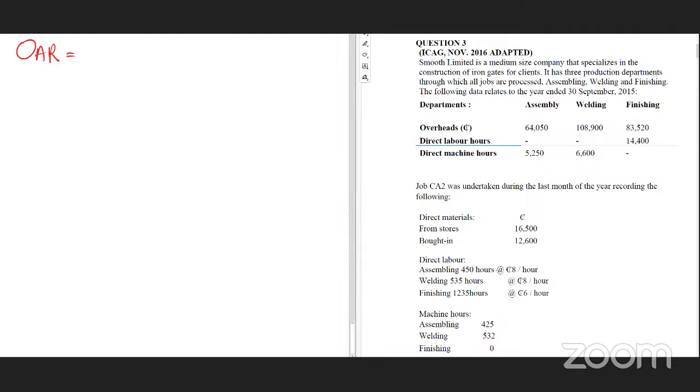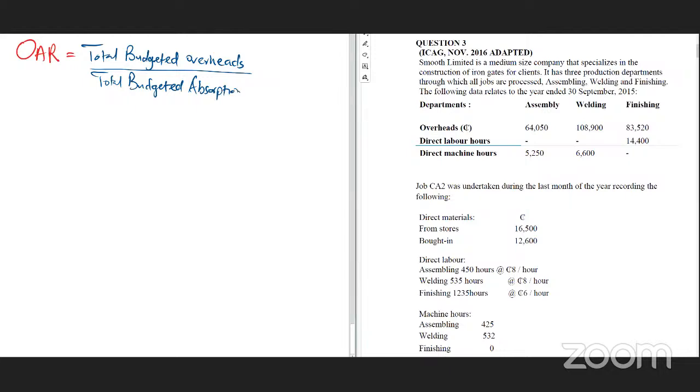Our overhead absorption rate is our total budgeted overheads over our total budgeted absorption basis, or activity. The absorption basis is either machine hours or labor hours. That's what we are using in this question.